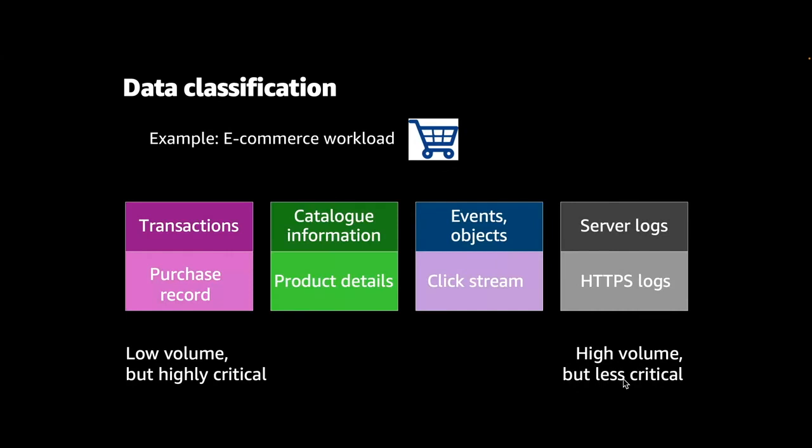Of course, the order records are usually low in volume compared to the HTTP logs, but they are highly critical for the business, as opposed to HTTP logs and click streams, which are not as critical for the business itself.